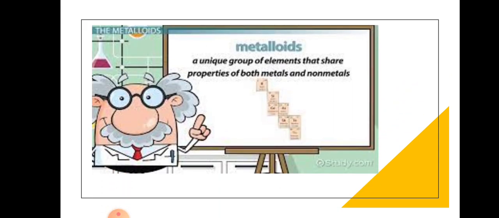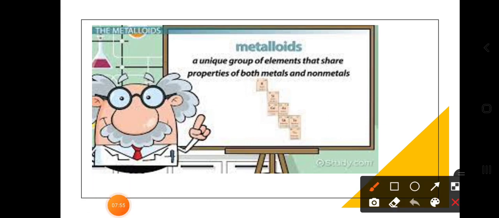Dear students, in metals and non-metals, one more word we come across. What is that word? That is metalloids. Metalloids are a unique group of elements that share properties of both metals and non-metals.